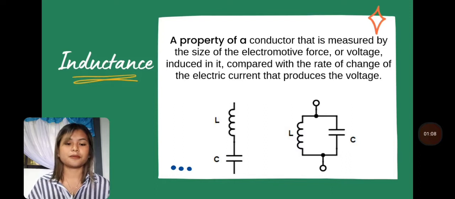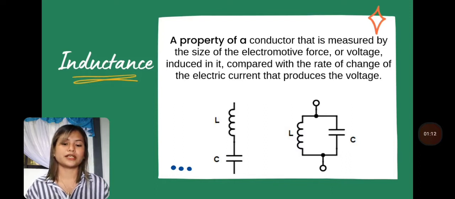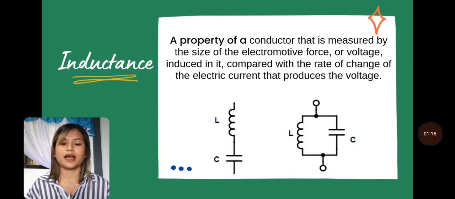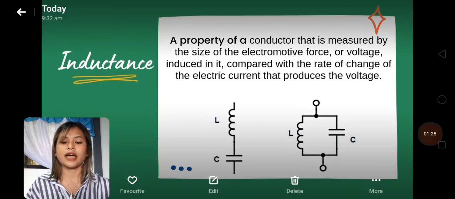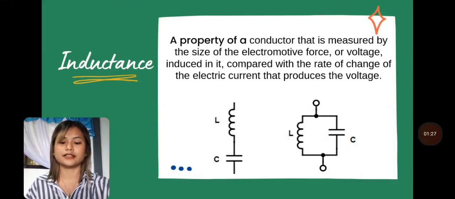Take note that a property of an inductor is inductance, that opposes any change in magnitude or direction of current flowing. The larger an inductor's inductance, the greater the capacity to store electrical energy in the form of the magnetic field. And let's go beyond inductance.